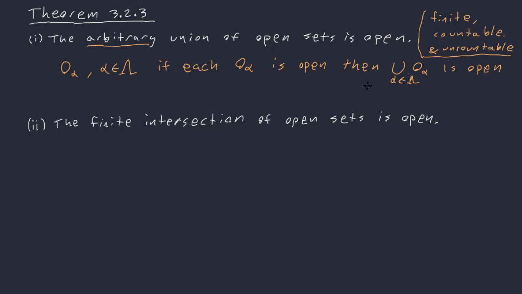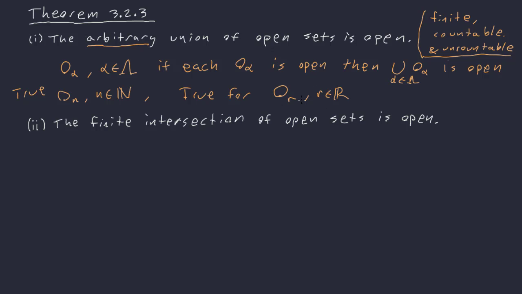Okay, now this does carry over to countable, so we can say that n is in the naturals, right? So it's true here, but we can take it further. We can also say it's true for open sets where we index them all the way through the reals.